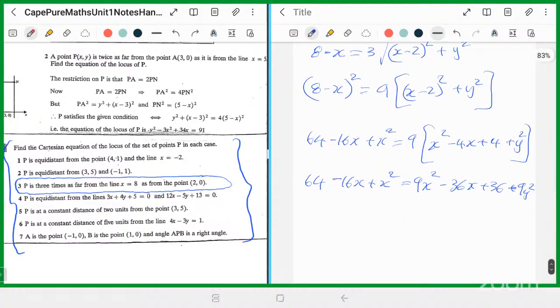Alright? Let's say we carry everything over here now, or carry everything over that side. So it's going to be 0 equals. Take this and carry it over here and subtract from the 9x squared, I get 8x squared.